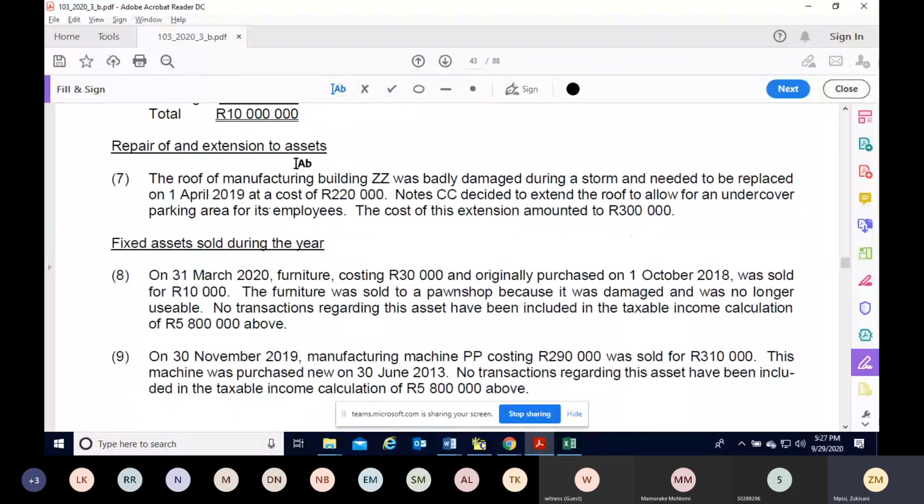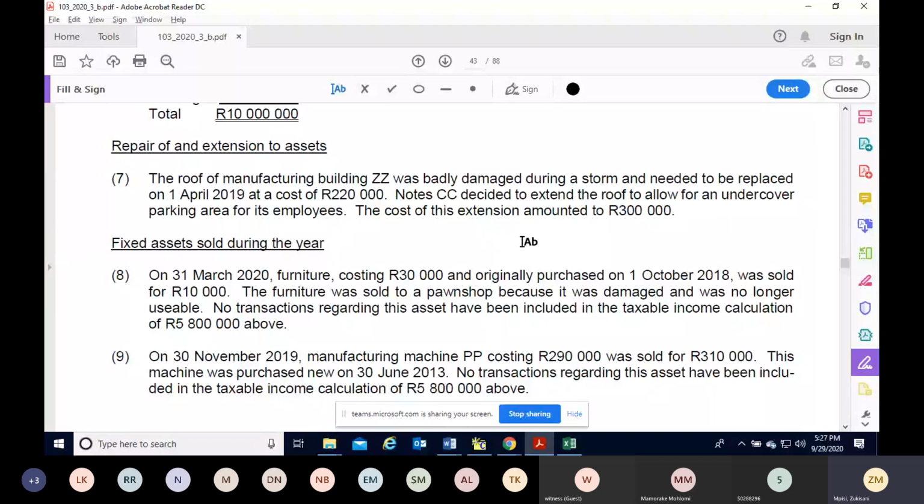Repair of an extension to an asset. The roof of manufacturing building ZZ was badly damaged during a storm and needed to be replaced on 1 April 2019 at a cost of 220,000. Note CC decided to extend the roof to allow for undercover parking for its employees.